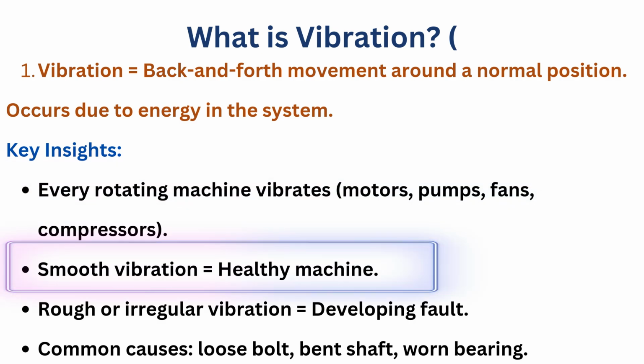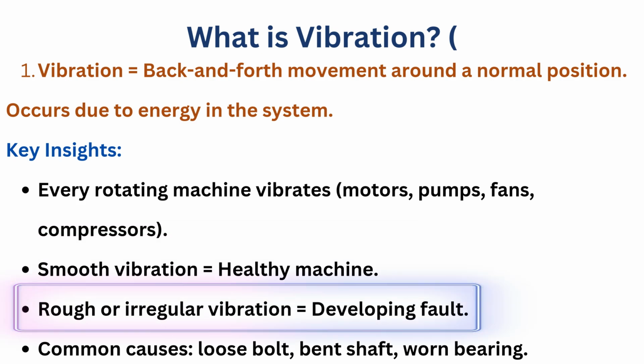When the vibration is smooth and controlled, we say that our machine is healthy. But when it becomes rough, irregular or intense, maybe there is some problem that the machine is facing. So overall the pattern of the vibration of that entire machine will change, right?